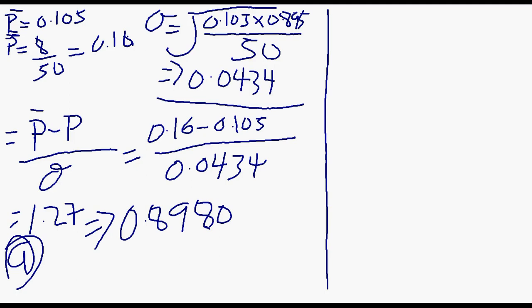Let's check the B. How likely is it that the random sample will contain 8 or more? Sorry, 8 or more means greater. So it will be 1 minus that probability. So 1 minus.